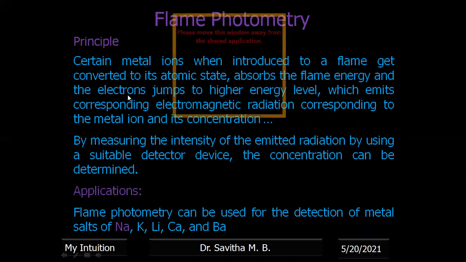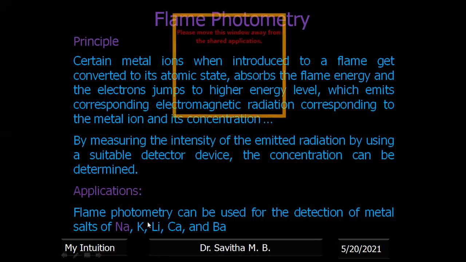Since it is unstable in the excited state, it will surely come back to its original state. When it comes back to the ground state, the energy it had absorbed to go to the excited state is released in the form of radiation. By measuring the intensity of the emitted radiation using a suitable detector, the concentration can be determined.